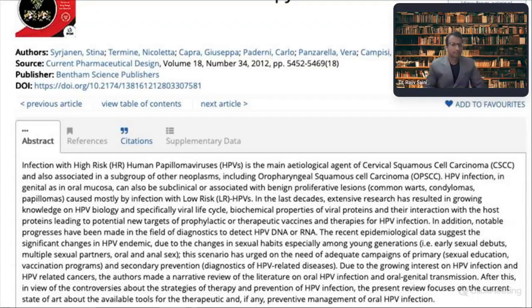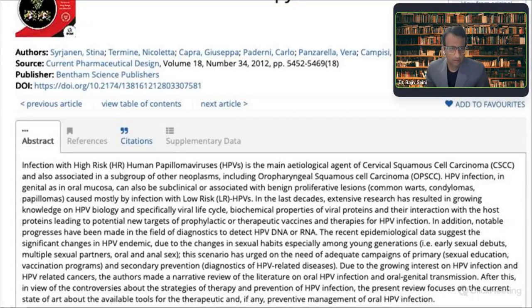Now, this is a very interesting research paper published in 2012, where they mentioned that the rate of oral HPV infection increases depending on the sexual behavior of an adult. They concluded that the rate and progression of HPV infection depends upon how early the sexual debut was, how many sexual partners are involved, and whether the nature of sex involved is oral, anal, and so on.